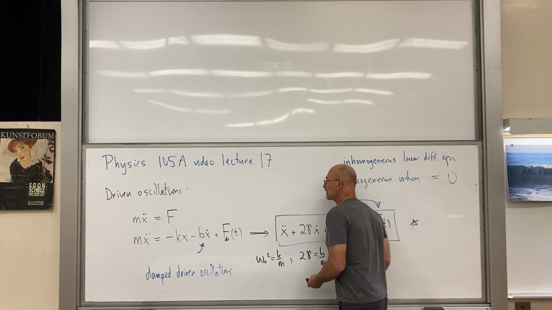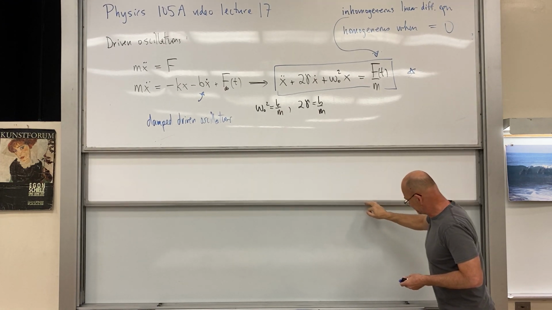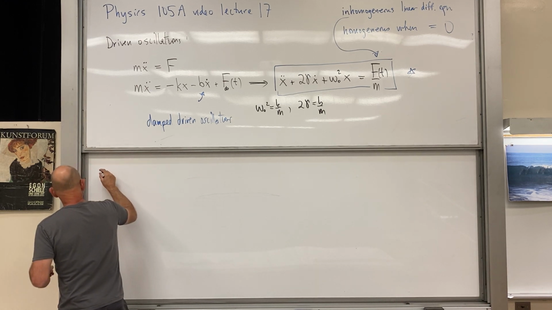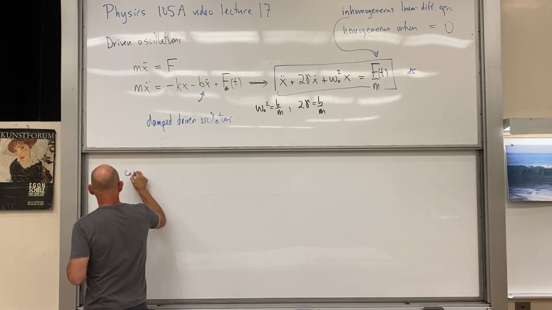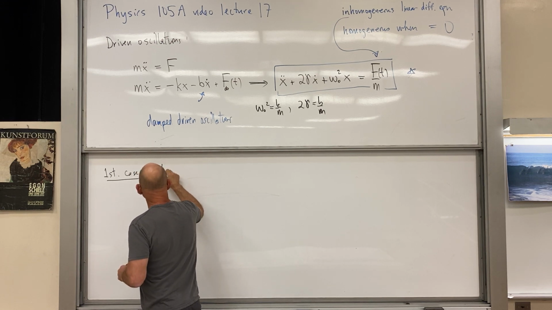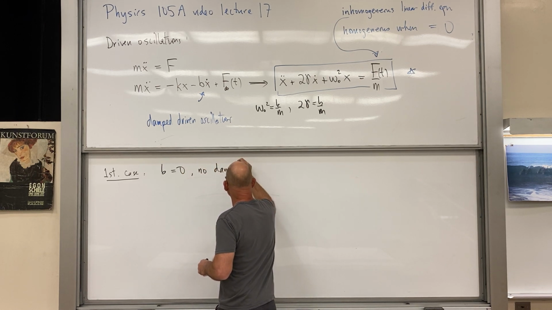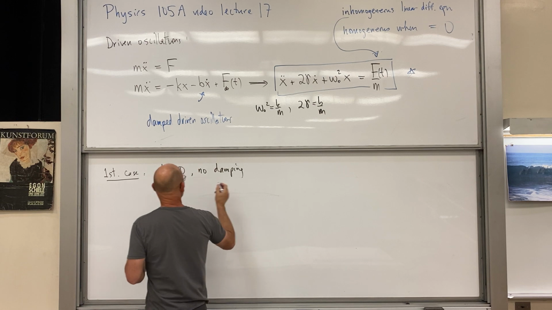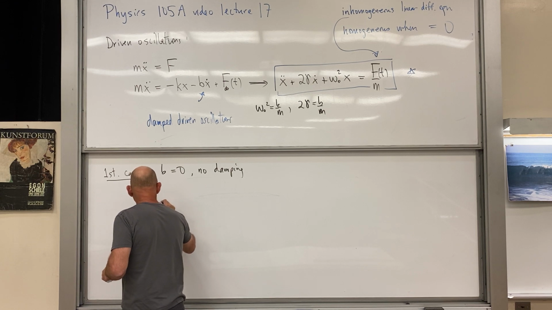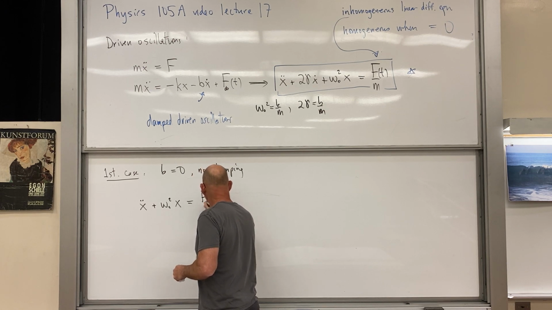Good, so let's get started with the undamped driven oscillation. So first case, we're looking at b equal to 0, no damping, and then what's our differential equation? x double dot plus omega naught squared x is equal to f of t divided by m.